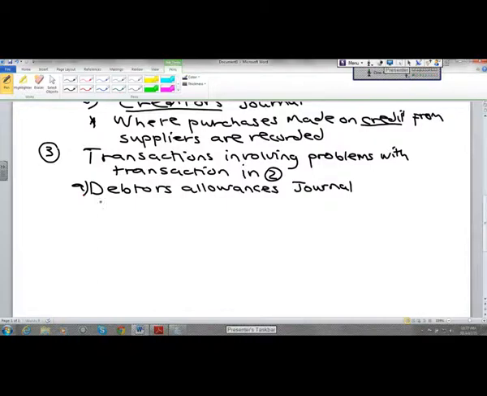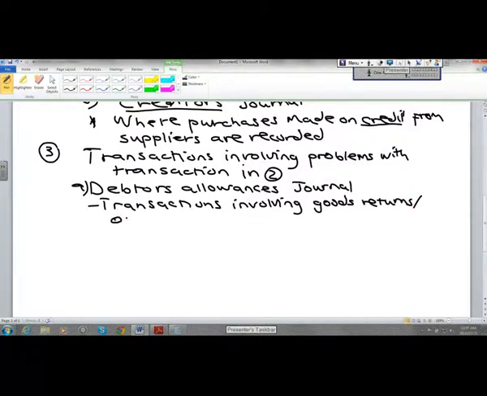So here we'll have transactions involving goods returns or overcharged transactions. So remember, this must relate to the credit sales.